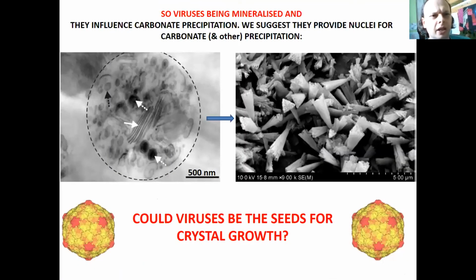But coming back to the microbial mats, we are talking about viruses being mineralized and their influence on carbonate precipitation. The question is, could viruses be the seeds for crystal growth?